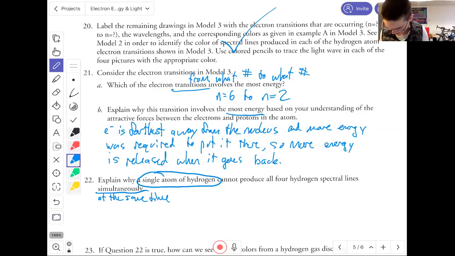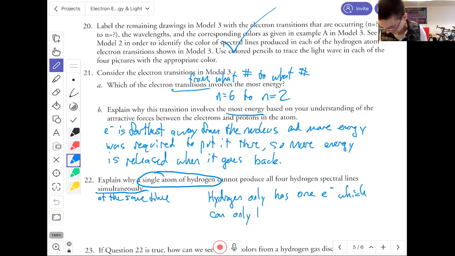Right. So hydrogen only has 1 electron, which can only make 1 jump at a time.